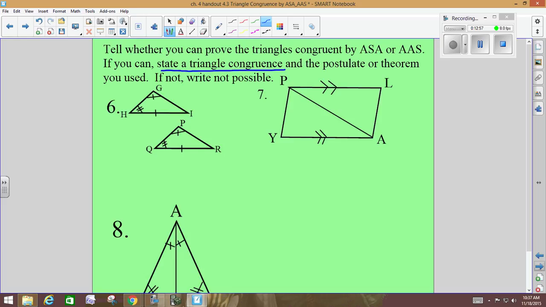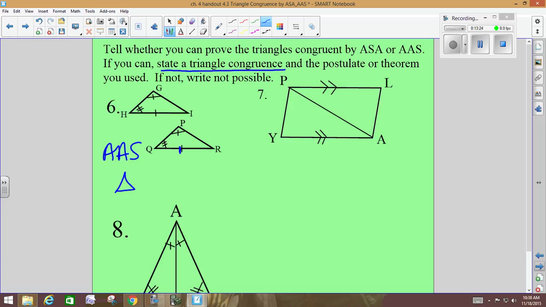So looking at our 2 triangles in number 6, what do you think, Veronica? Can we prove those 2 triangles congruent on 6? Okay, which of your 2 ways are you using? Angle, side, angle? Is your side between your 2 congruent angles? Good, angle, angle, side. And then your congruency statement, did you write one down?